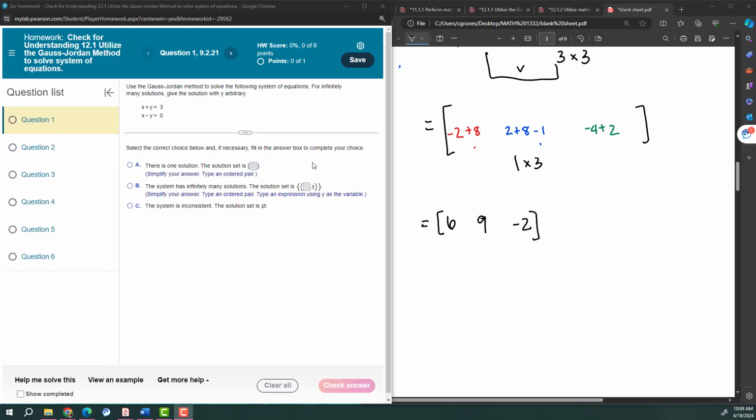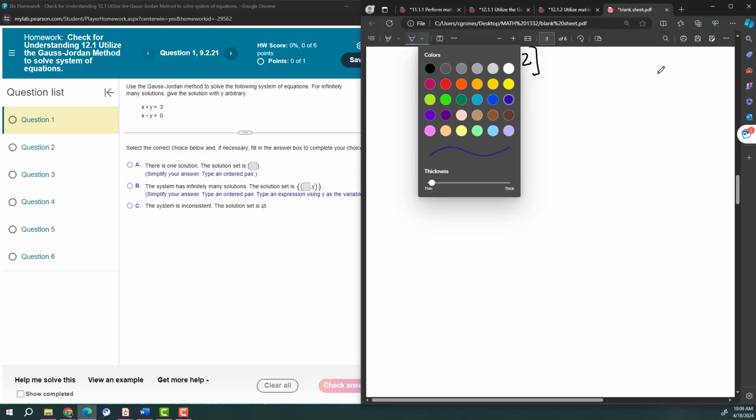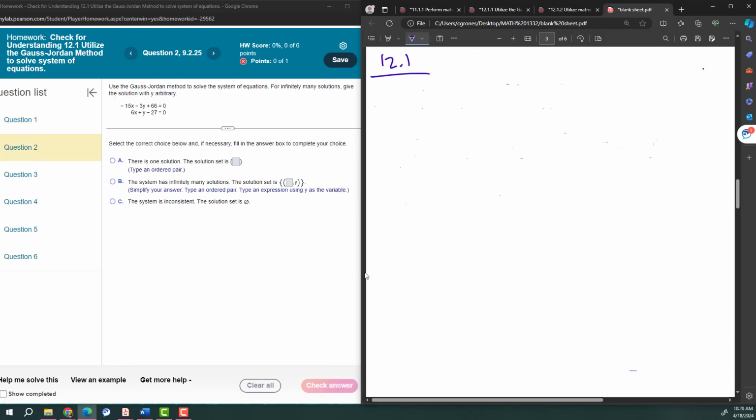For 12.1 homework, this one is looking at the system of equations. So let's do like this dark blue. This is 12.1. We are not going to do number 1, but we are going to do number 2. So it says to use the Gauss-Jordan method to solve the system of equations.